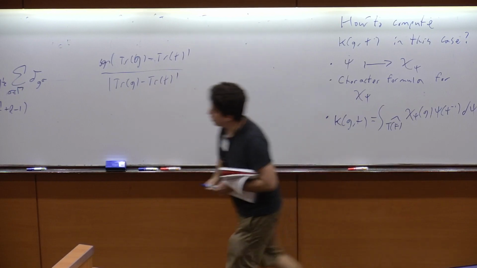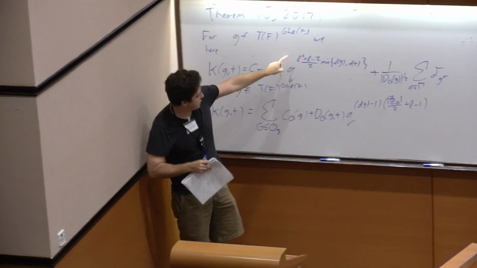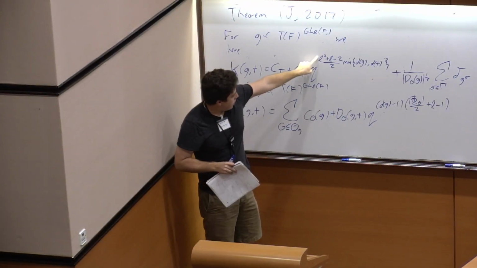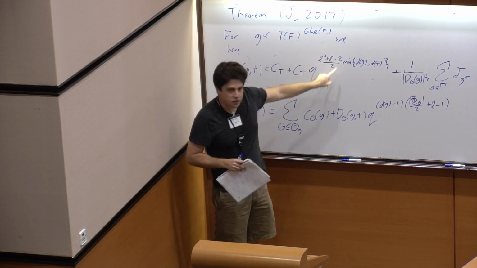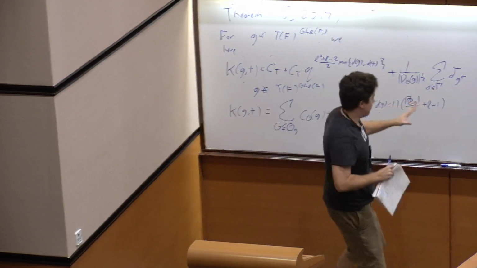So that's how this is going to relate, because if L is equal to 2 here in this torus case, you get 4 plus 2 minus 2 over 2, which is 2. All right, so that's how these two formulas relate.